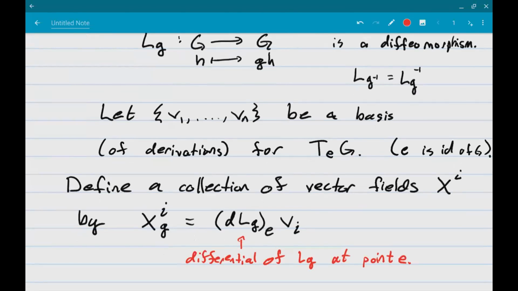So I'm taking a differential, and differentials, dL_g at e, is going to be a map which sends tangent vectors at the identity of G to tangent vectors at little g of G. So this is exactly the map that I want to send the right tangent vectors at the identity to tangent vectors based at g.